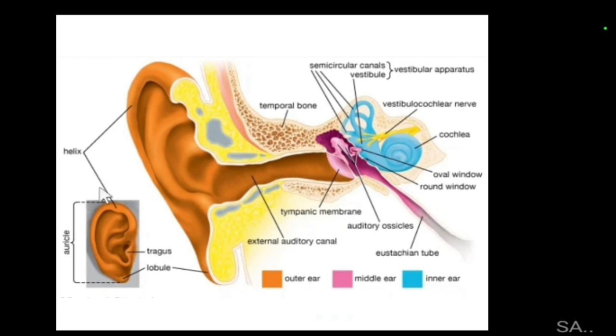Now we'll see the mechanism. How do we hear? Like an antenna, this auricle is collecting the sound waves, and then these sound waves are directed towards the tympanic membrane through the auditory canal. When the sound waves hit the tympanic membrane, they turn into vibrations, and these vibrations are amplified with the help of the auditory ossicles.